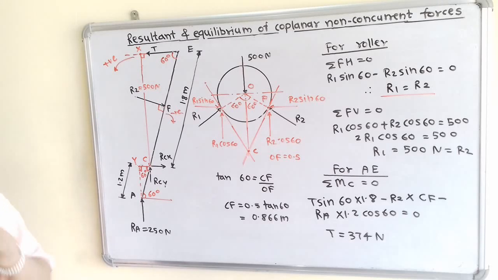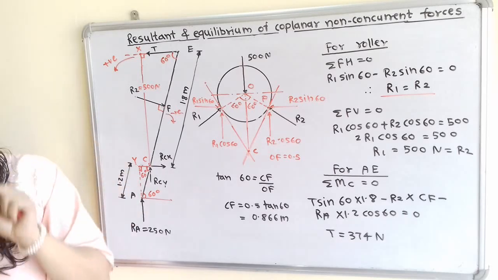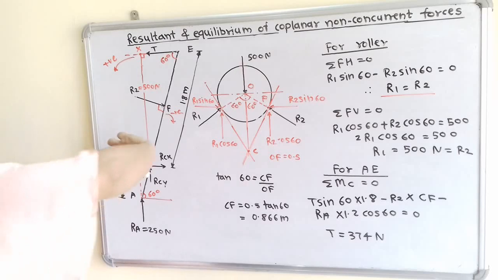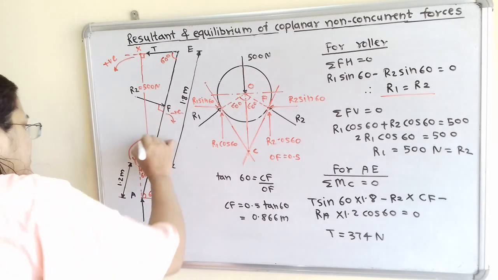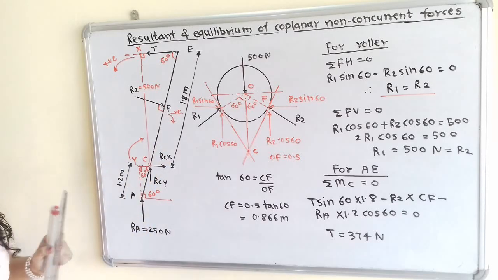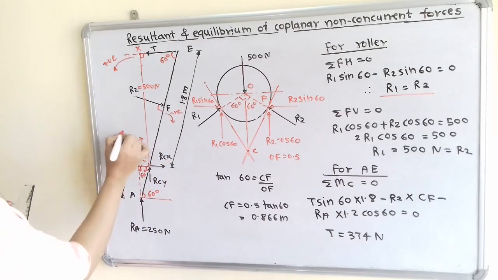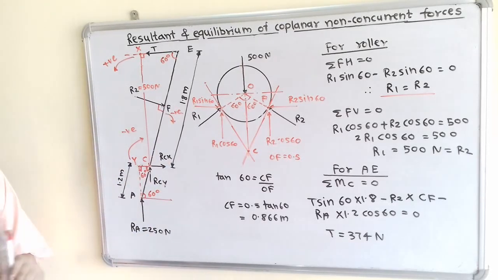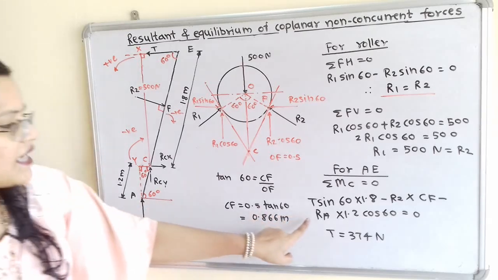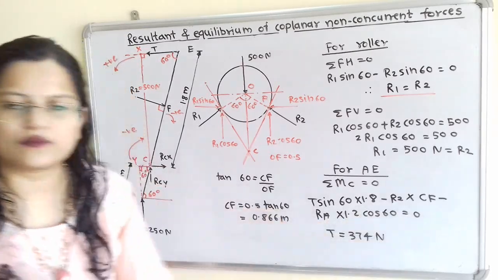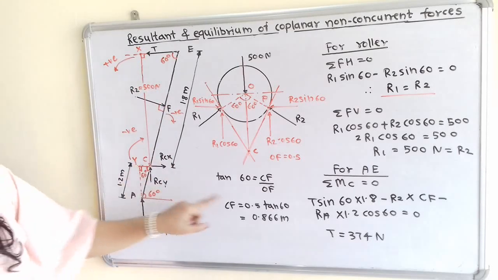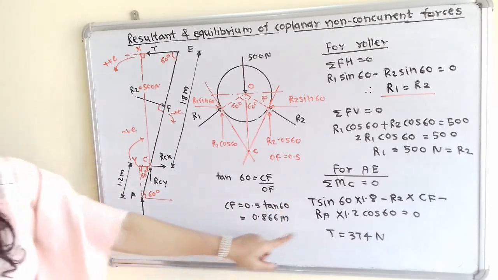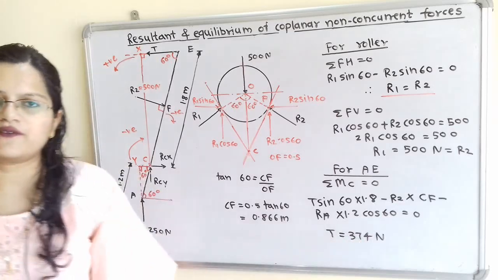Now how to find out its sign, whether positive or negative. About this point C, if I move the compass in the direction of RA, so here is the direction, this is the clockwise direction, so use negative sign. So we can say minus RA into 1.2 cos of 60 is equal to 0. So all the values are known except T, and therefore T is equal to 374 Newton.